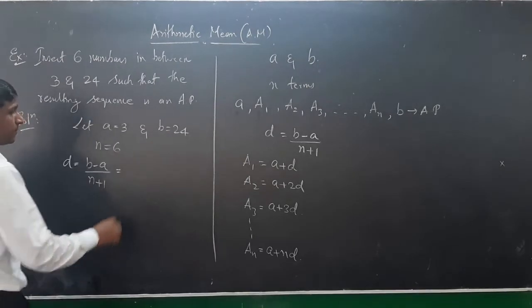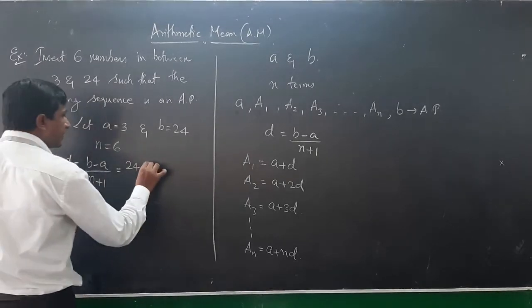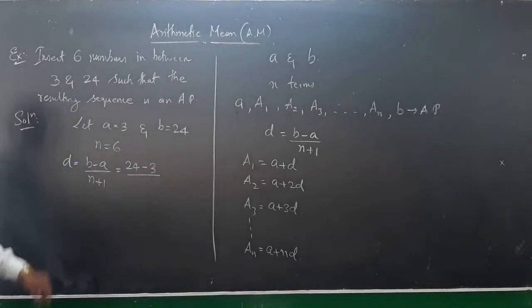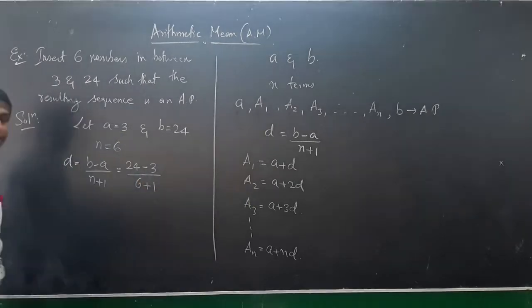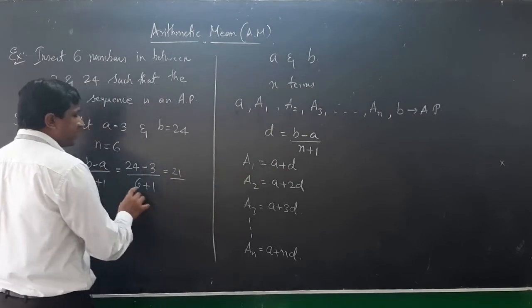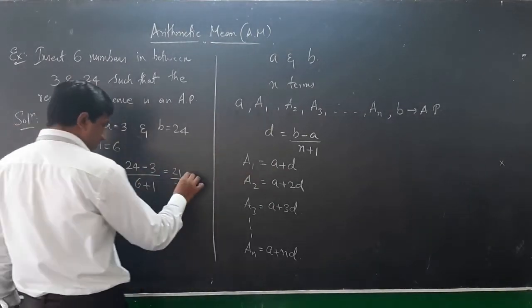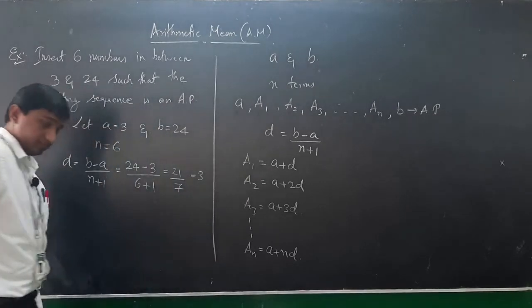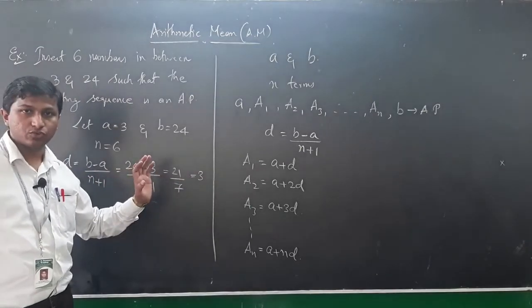What is b? b is 24, minus a is 3, whole divided by n plus 1. n is 6, plus 1. 24 minus 3 is 21, 6 plus 1 is 7. 21 by 7 is 3. So I have calculated the common difference to be equal to 3.